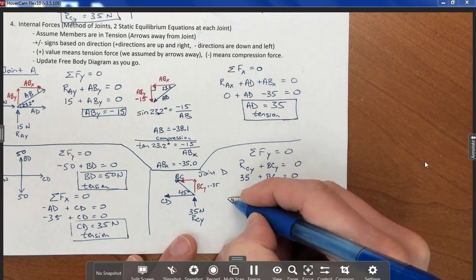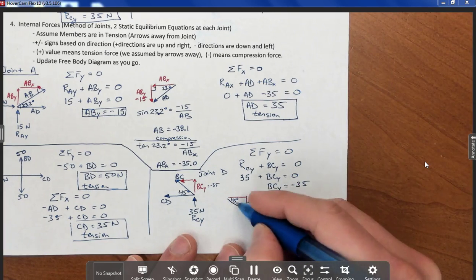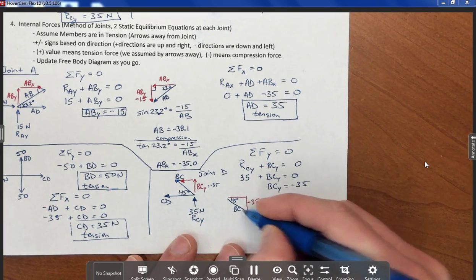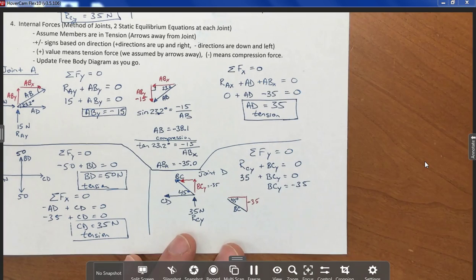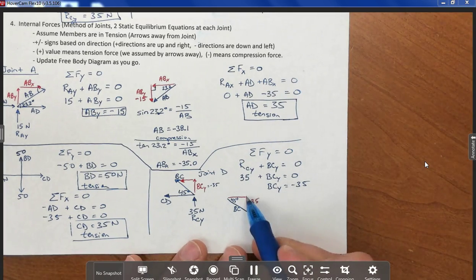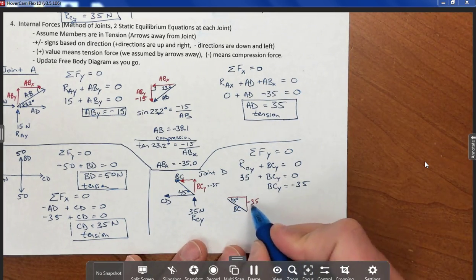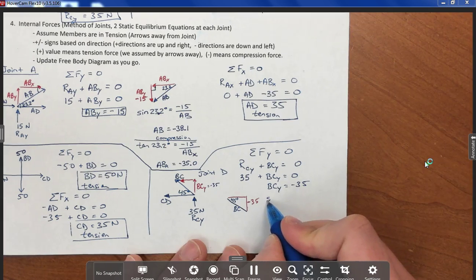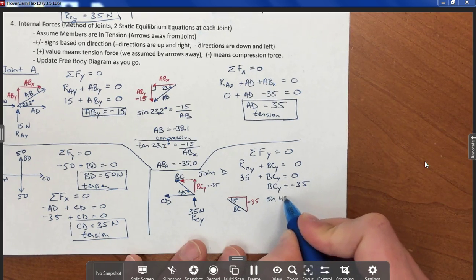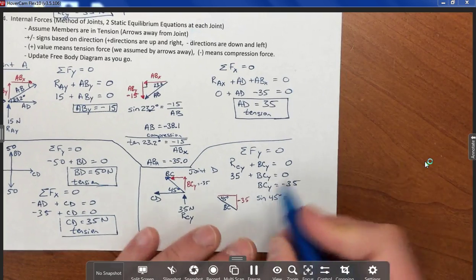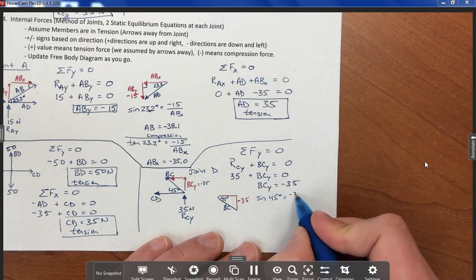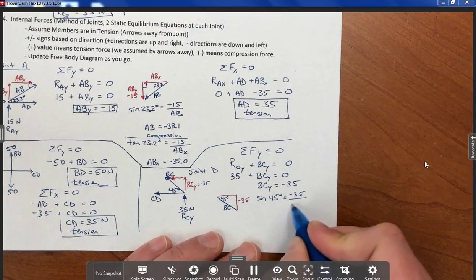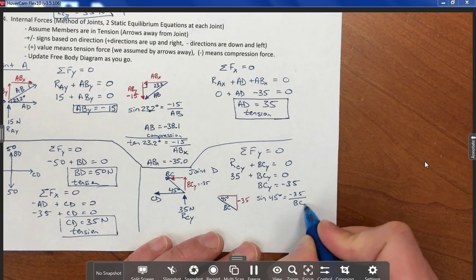You know both of these angles are 45 degree angles, and what we're looking for is BC, the hypotenuse. So you can write a trig ratio. Okay, looks like we've got an opposite and a hypotenuse, so that sounds like sine. So the sine of 45 degrees is equal to the opposite, negative 35, over the hypotenuse, BC.